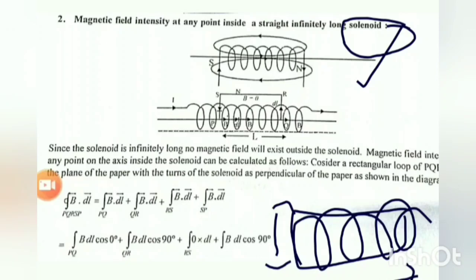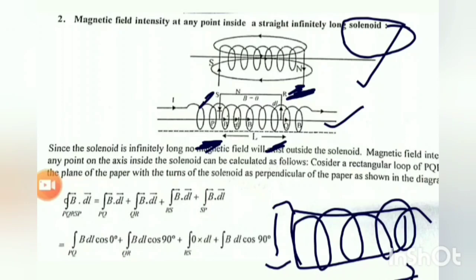Now we consider this rectangular loop inside the solenoid. This is a solenoid, and for finding out the magnetic field inside it, we considered a rectangular loop P, Q, R, S and again P. This closed rectangular loop we have considered.